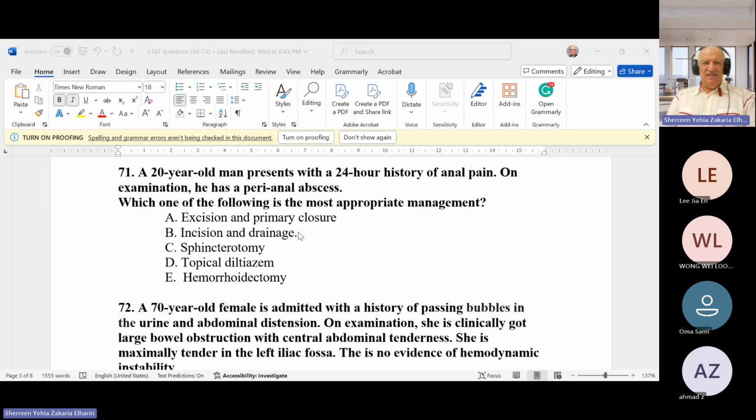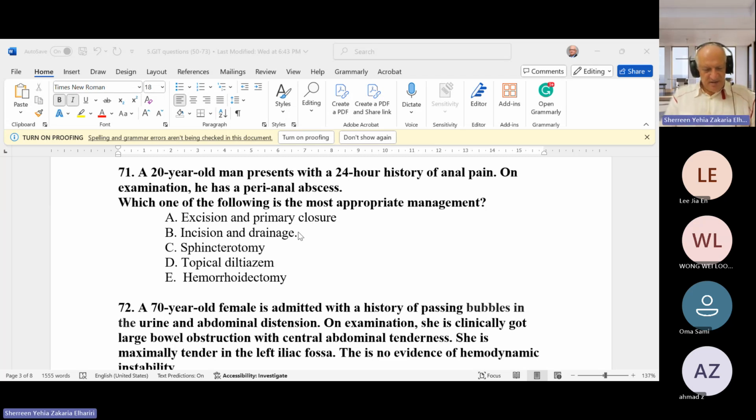In England also, they take a biopsy from the perianal abscess if the patient has recurrent perianal abscess or has had more than one. So they take a biopsy. Anyone know why they take a biopsy from the edge of the wound? They trim the edge and take a biopsy. Why do we take a biopsy in recurrent perianal abscess in the UK?